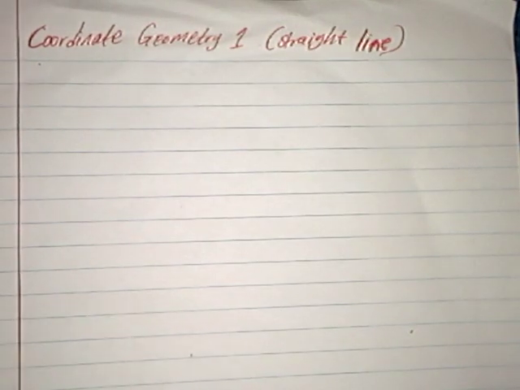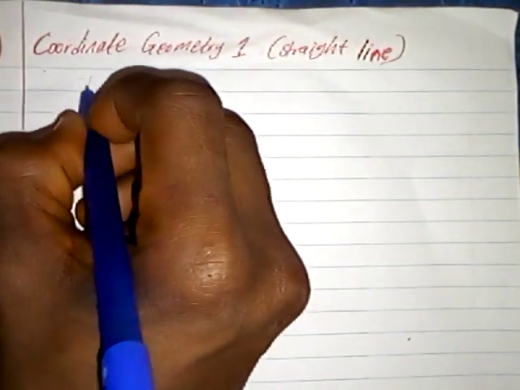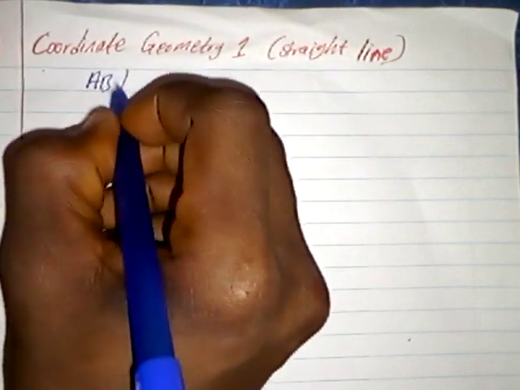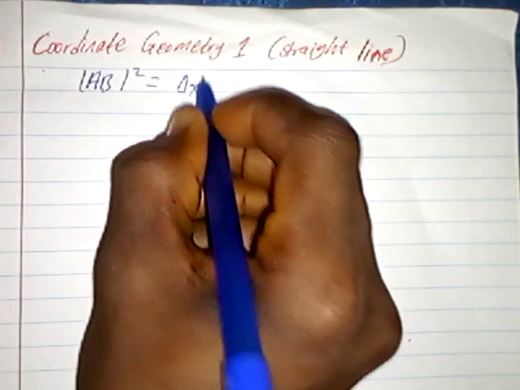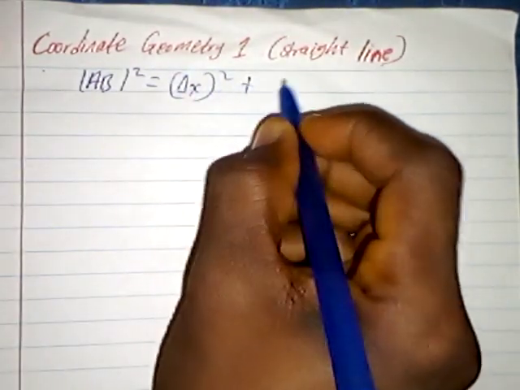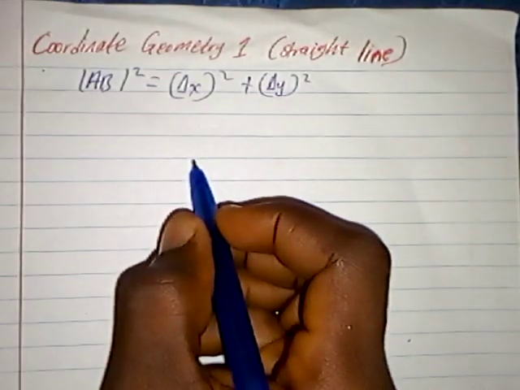Now, take note of this formula, right? In coordinate geometry 1, let's say line AB squared is equal to change in x squared plus change in y squared. Do you see?